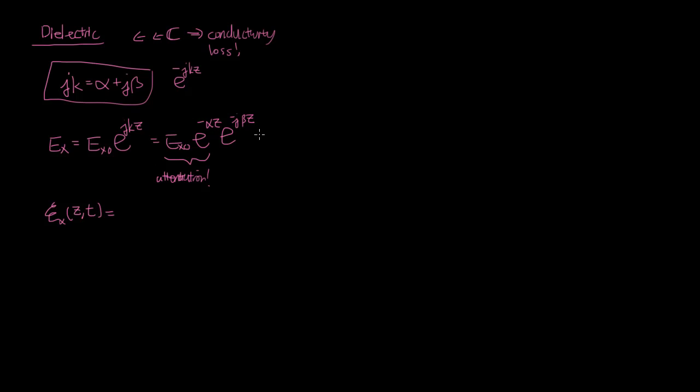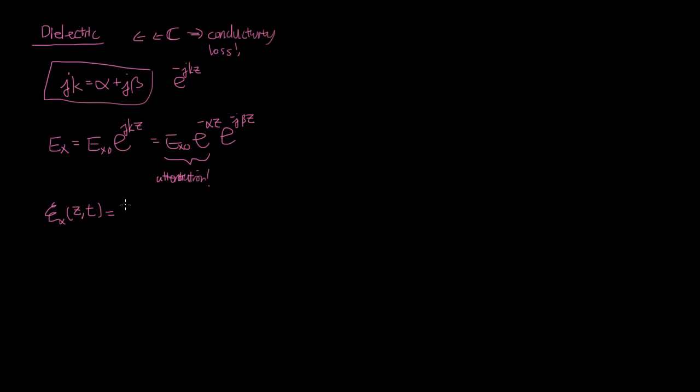So how do we turn this into the instantaneous form? Remember, you multiply it by e to the j omega t and then take the real part, right? Now this is a real number, so this just comes out. This is not in the sinusoid. And then when you take the real part, everything that's in the e to the j's will end up being in a cosine.